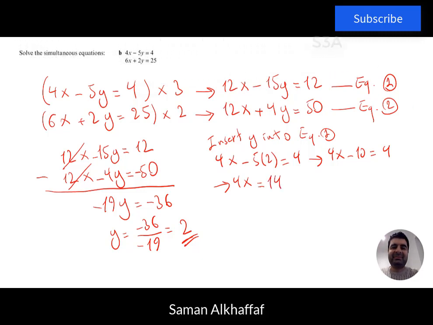So the 10 moved to the other side becomes positive, and we add 4 to it. And then we divide, so x would be 14 over 4, which will give us 3.5 as the answer. And this will be our value for x.